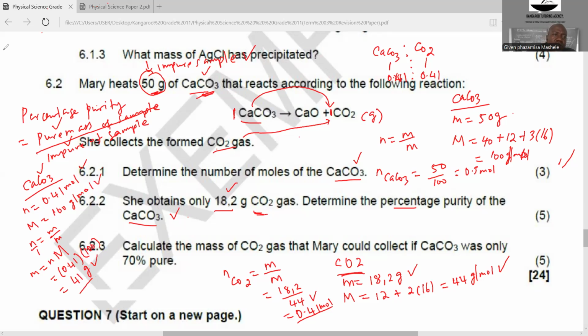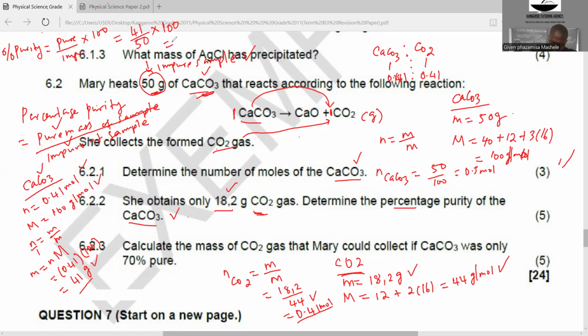So to calculate the percentage purity, we take the pure sample in terms of mass, divide by the impure, and multiply by 100. So what is the pure sample? 41 divided by 50, multiplied by 100. And what is the answer?